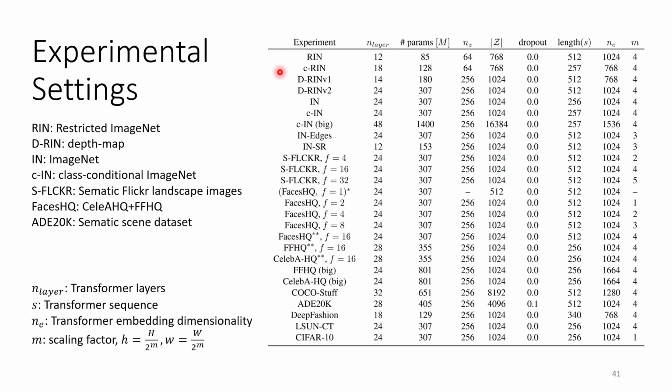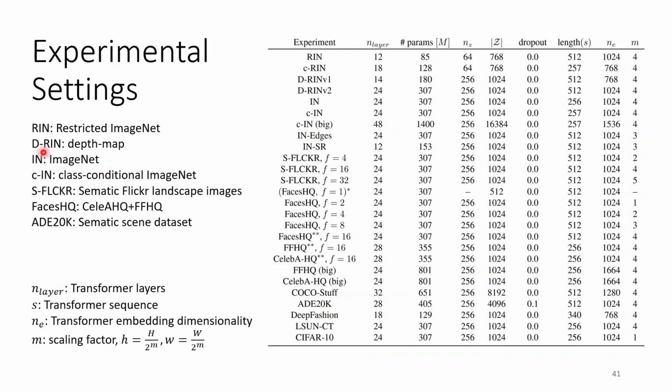Okay, so let's see. For different data sets, they use different settings. Here the RIMS restrict the ImageNet, and the DIMS depth map restrict the image data set. So it means, in addition to the image, they also provide a depth image, so they can learn how to predict the latent code from the depth image.